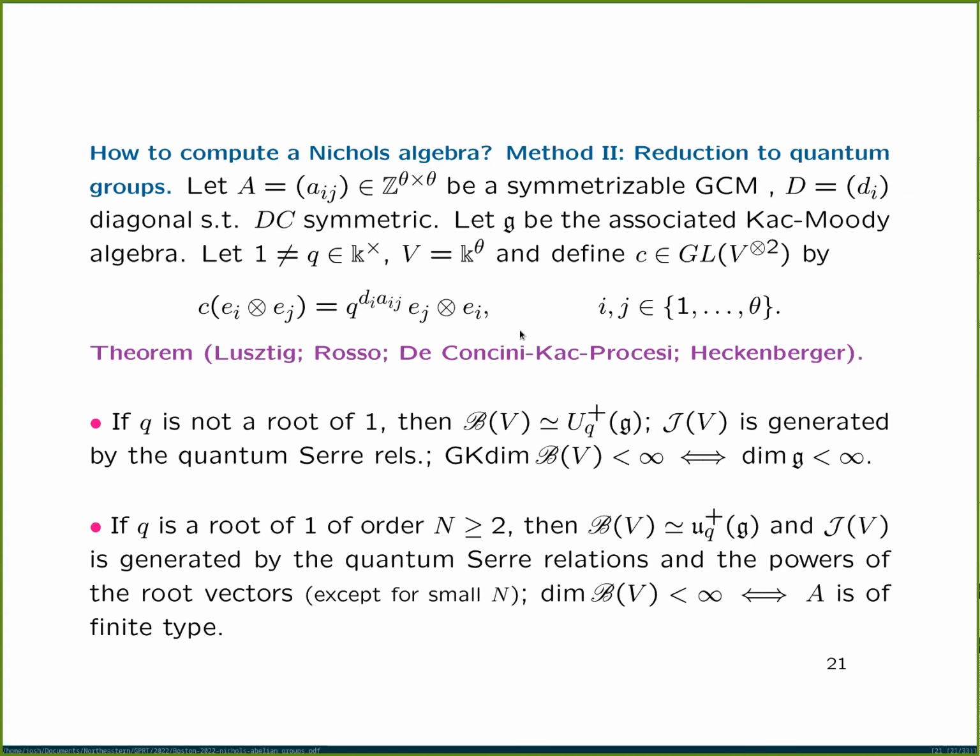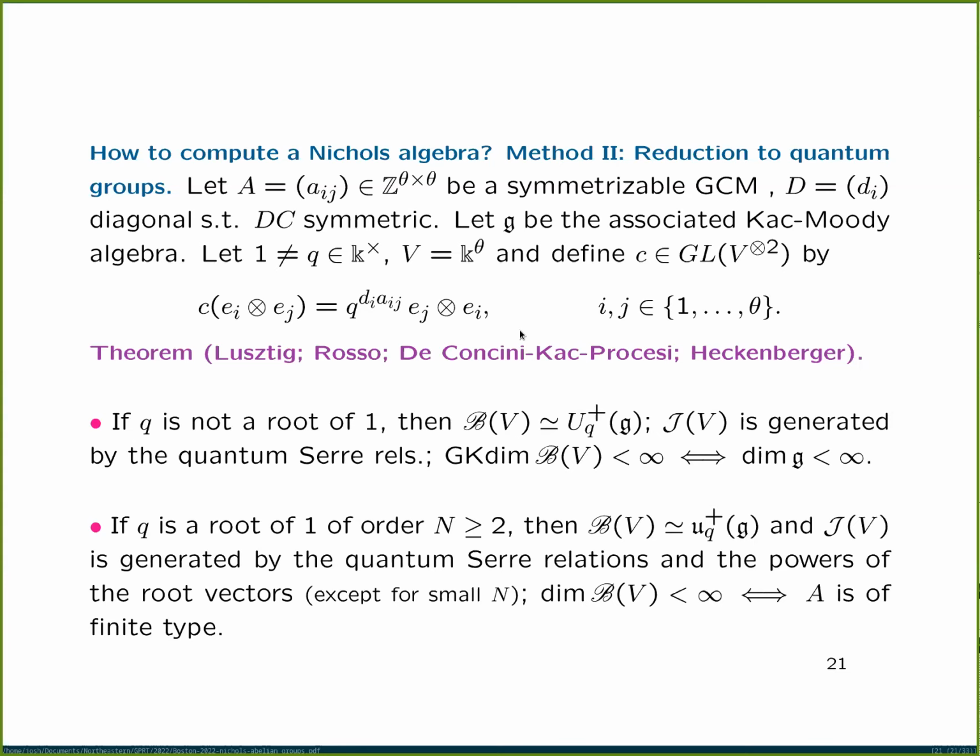If q is 1, I could define this, but this will give you the usual transposition. There's no interest in that. Then the theorem, which is a collection of theorems by a lot of people, by Lusztig, Rosso, and maybe some others. I think Schauenburg also obtained a version of the following theorem. And it has two parts. I am putting together the people that contributed to one or the other.